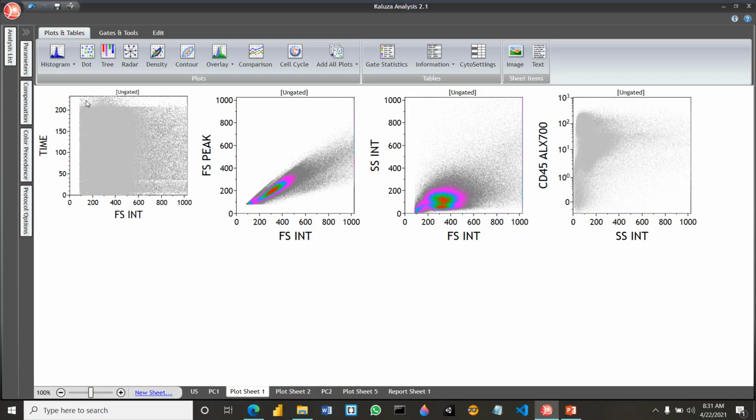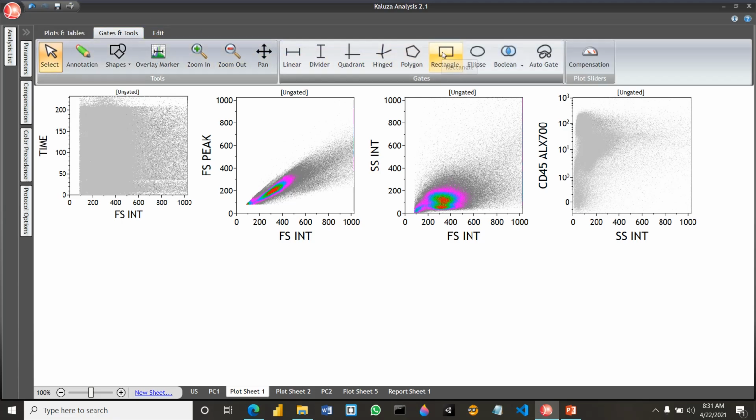You can see in the upper part of the acquisition there are very few cells, indicating that the cells were over in this acquisition, and only air has been acquired at the end for a few seconds, showing just background noise. So we can exclude that noise by using a time gate.